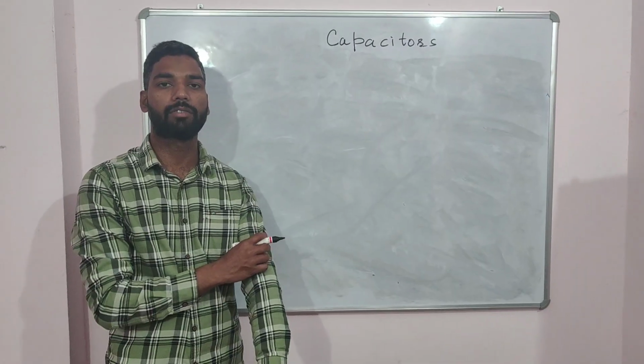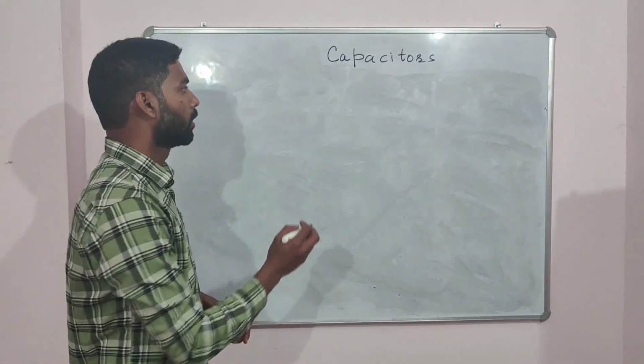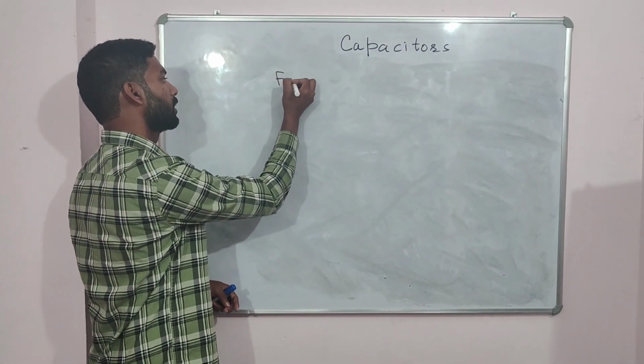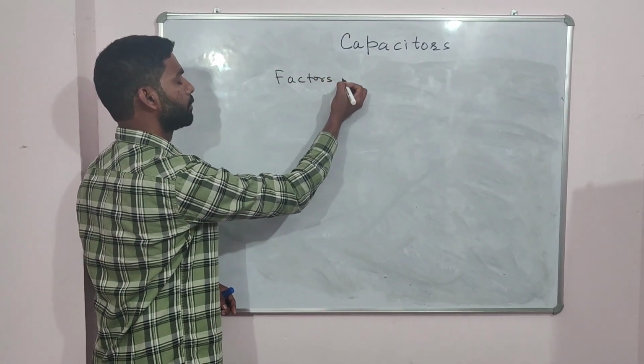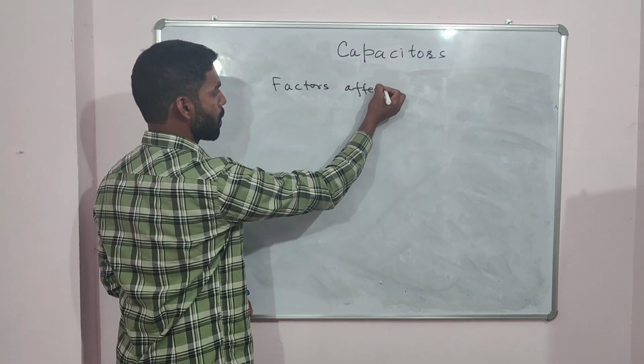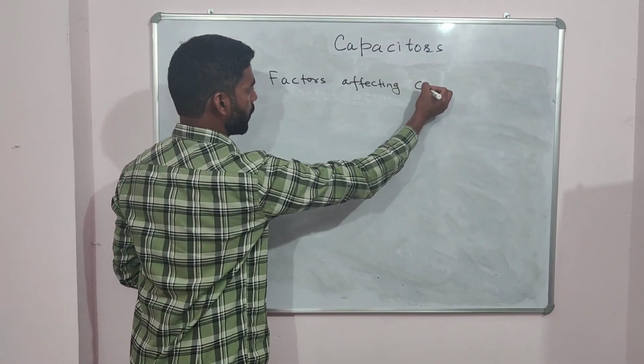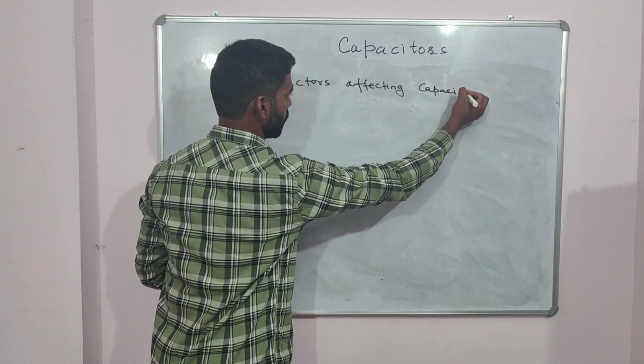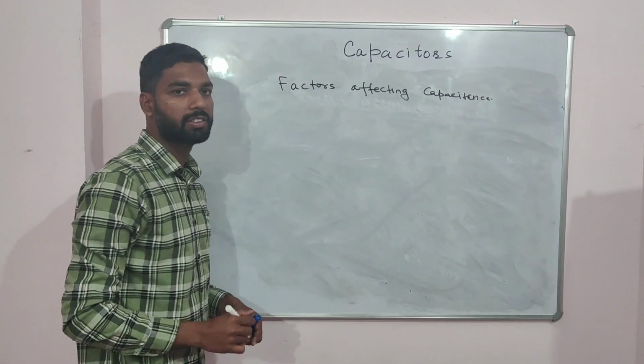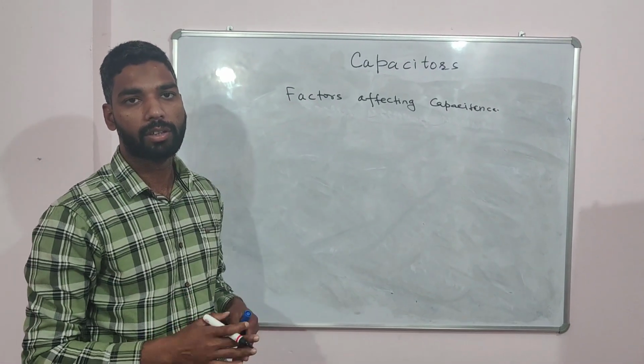About the factors affecting the capacitance, the factors on which the capacitance of a system depends. First is shape, size and geometry of the system.